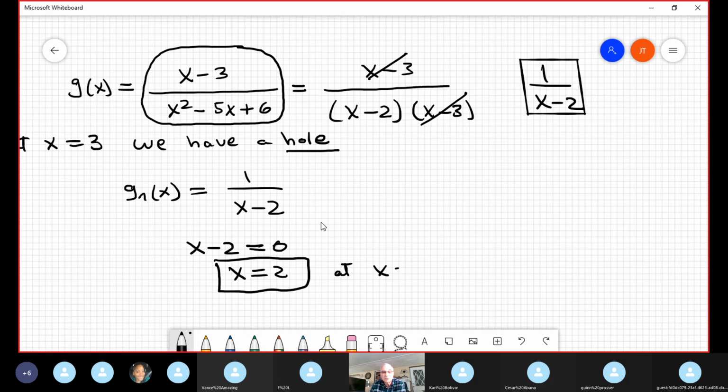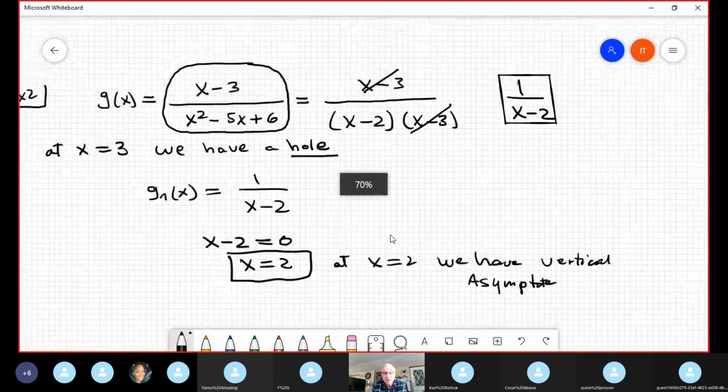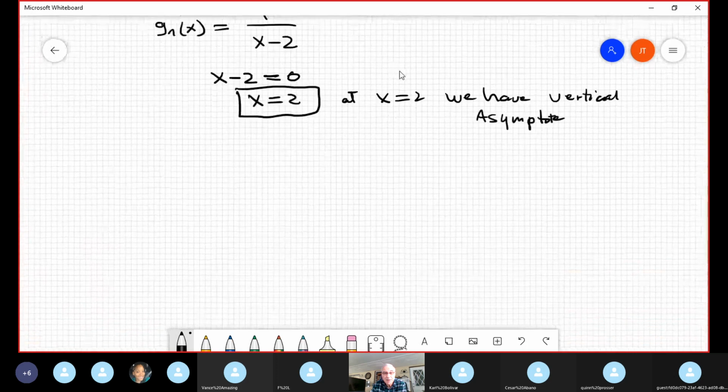At x equal 2, we have a vertical asymptote. Okay. So now I have no idea about the behavior. So I evaluate a little bit before and after.